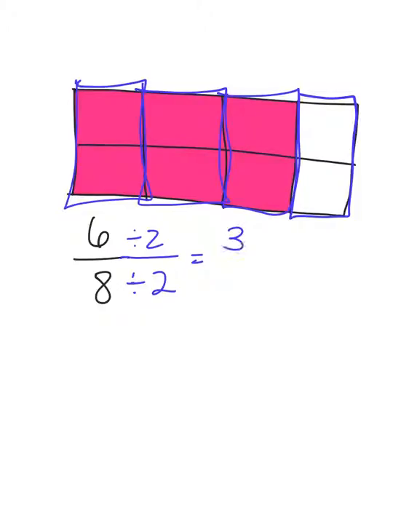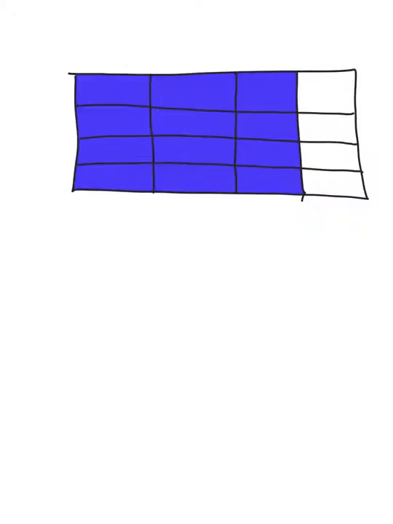And our numerator is a 3, and its denominator is a 4. Because if we look, we've got 1, 2, 3, 4. It's been cut up into 4 pieces, and 3 of those 4 pieces have been shaded in, 3/4.